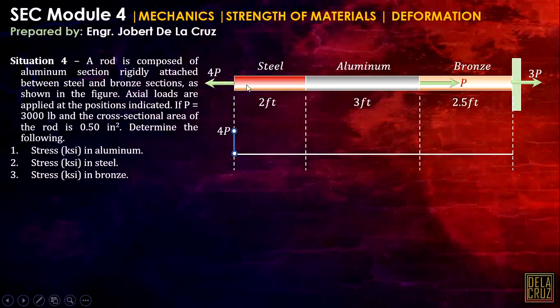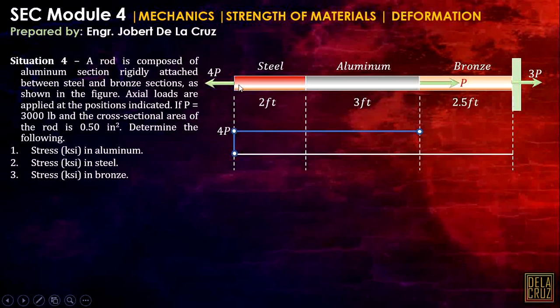Then, along this length of the steel up to the aluminum, there is no axial force indicated here, so our axial force is constant up to that point. Next, this P, our tension, is going to the left. This P is going to the right, which means that is in compression. Please understand this.